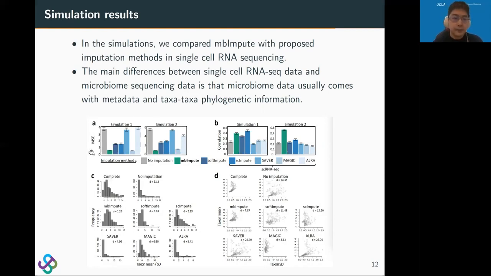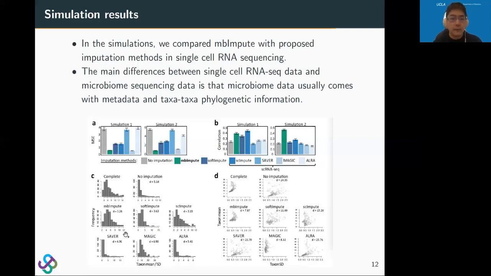The first criterion is the mean squared error between our imputed matrix and the complete matrix, and the second one is the correlation between the complete matrix and our imputed matrix. We can see that in the case of MSE, our method has the smallest MSE, and our method has the overall higher correlation in both simulations.